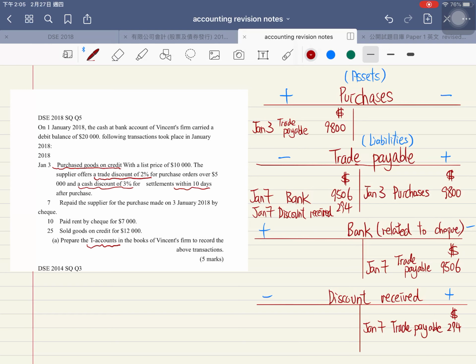Okay, so on the 10th, we pay rent by check. Okay, so we have to add a rent account because it's an expense. We paid rent 7,000.